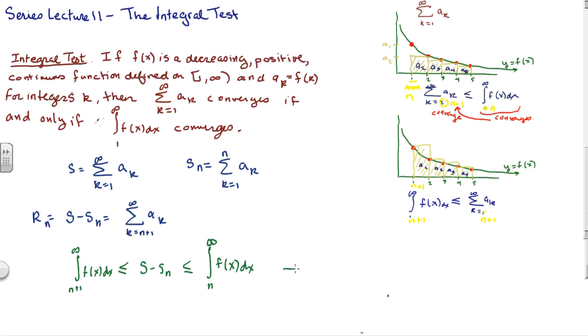And if I add Sn to both sides, I get S bounded between Sn plus the integral from n plus 1 to infinity and Sn plus the integral from n to infinity.